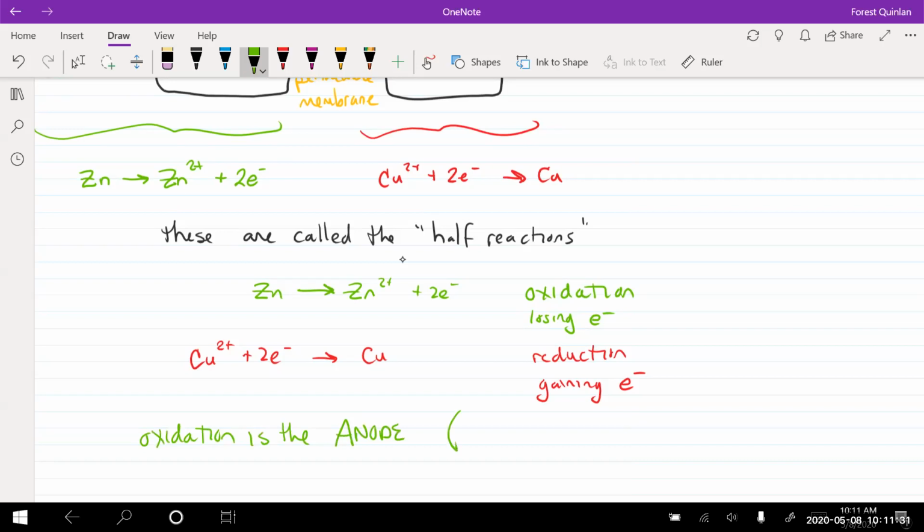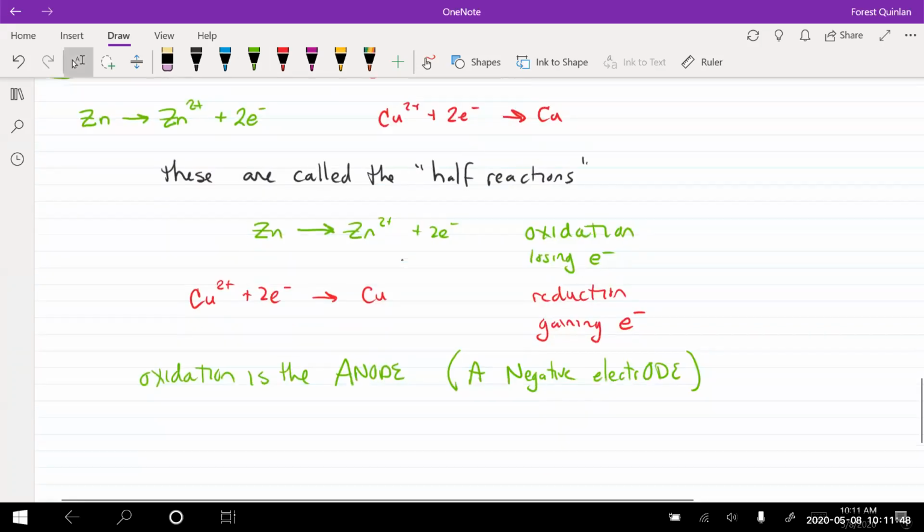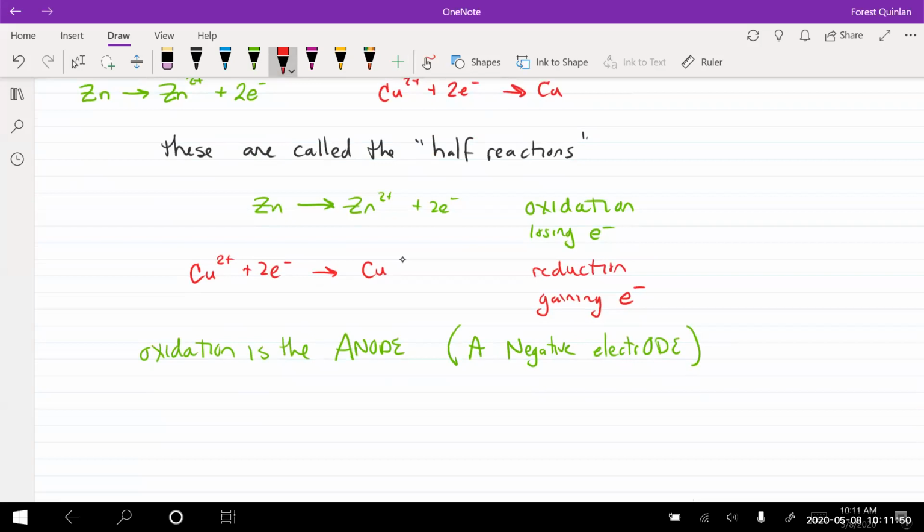And you might remember this as a negative electrode. And the reduction is the cathode.